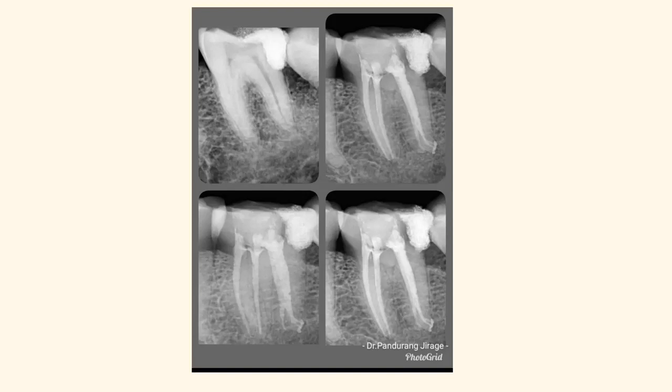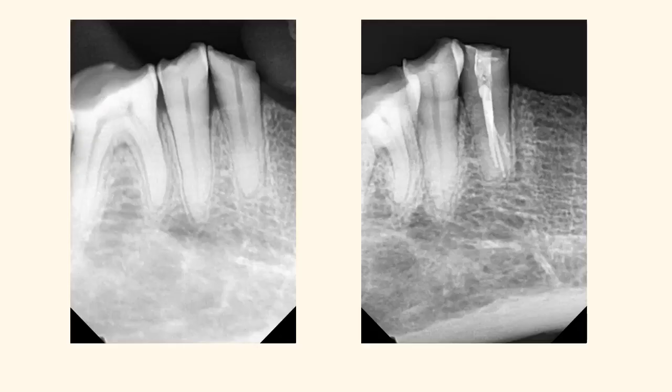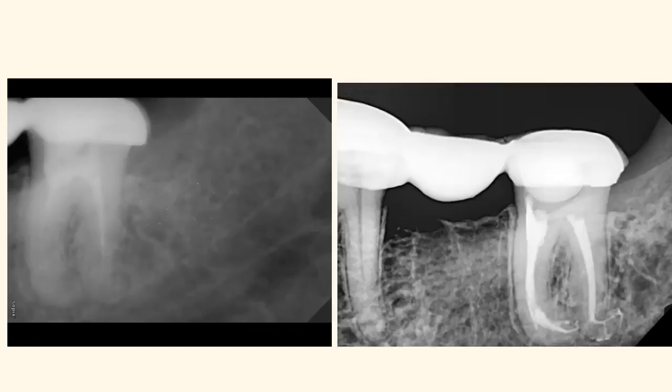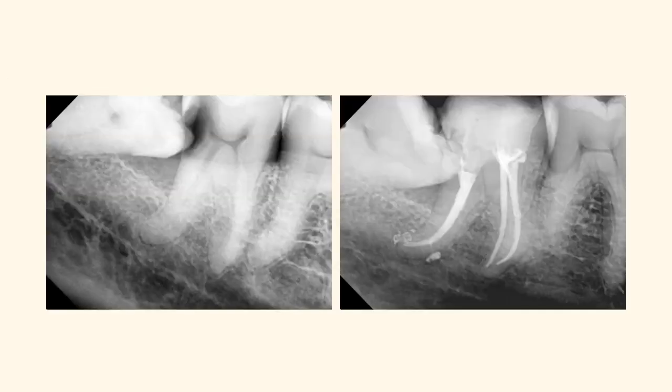This is another case with multiple portals of exit in the distal canal. A case with apical trifurcation. Case with acute curvature in the distal root in the third molar. Again, this is a case with a curvature in the distal root.